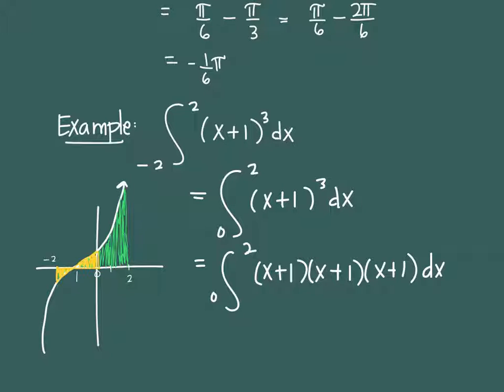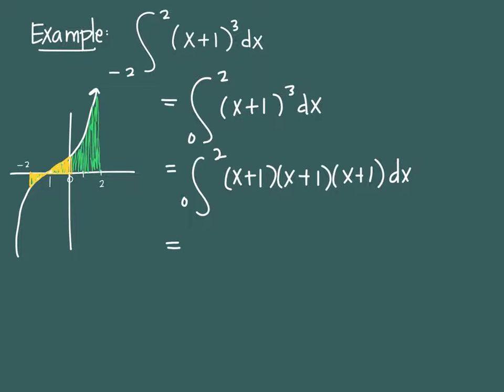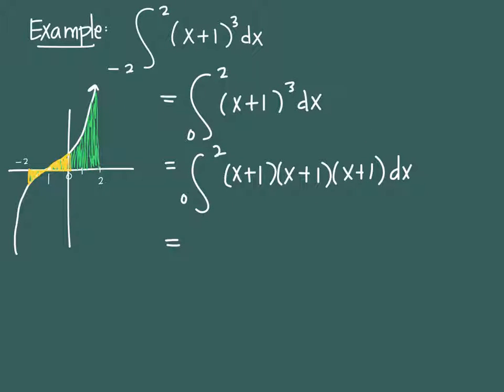If you remember Pascal's triangle, and you know how to quick expand that, you might know the trick for that. If not, you're just going to have to do it by hand, but it works out to be x cubed plus 3x squared plus 3x plus 1.